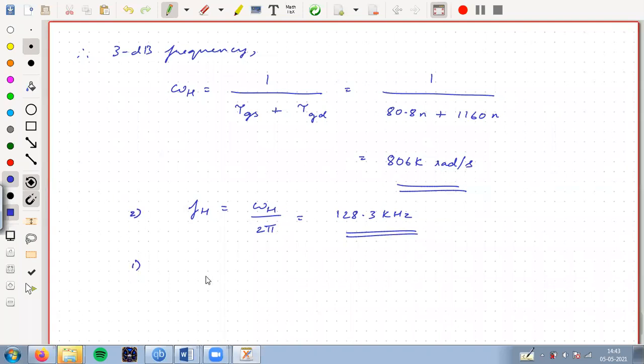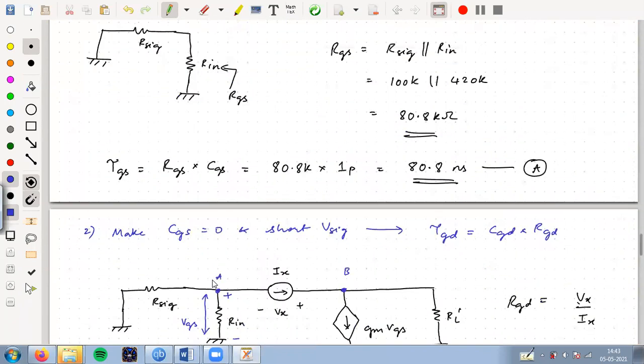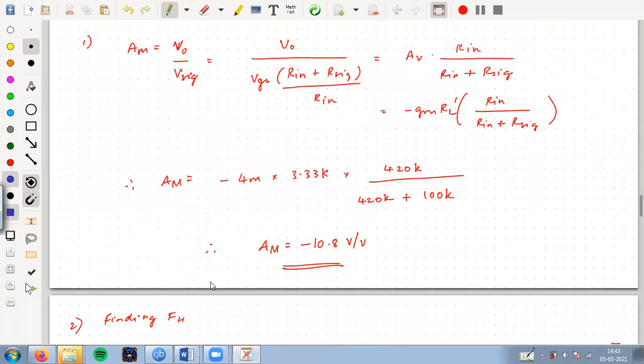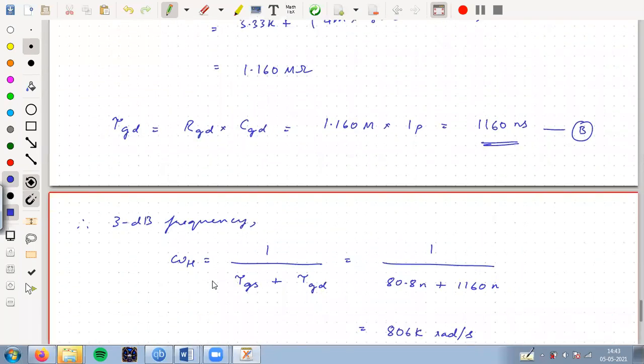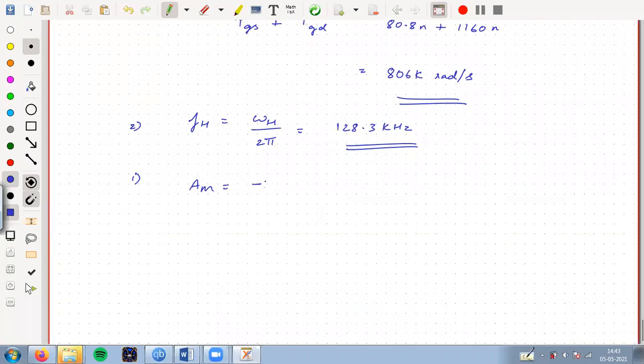The first part was where we got Am as minus 10.8 volts per volt. So these are your two answers. Any queries till now?